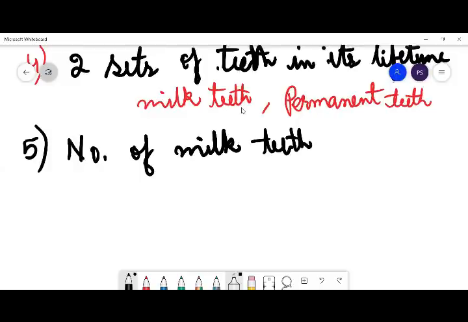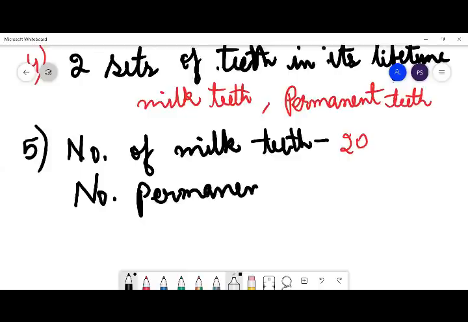It is 20 in number. And what is the number of permanent teeth?